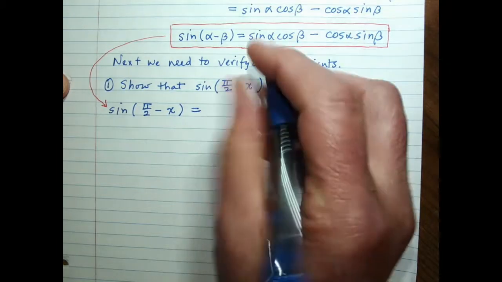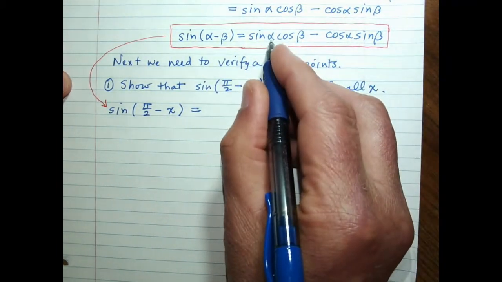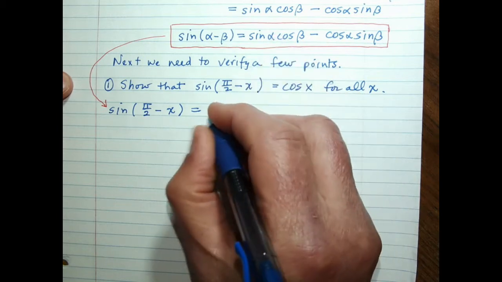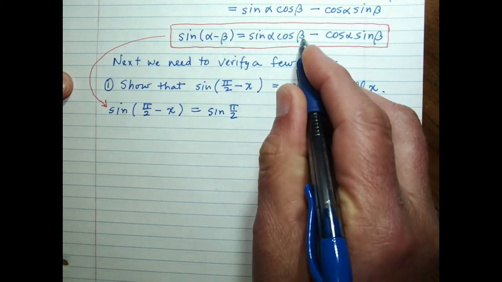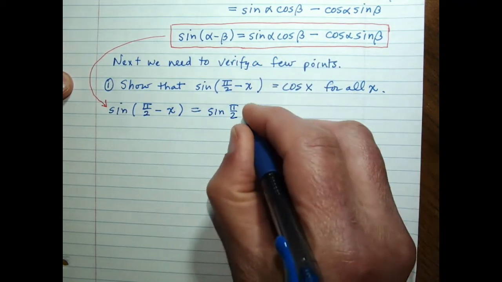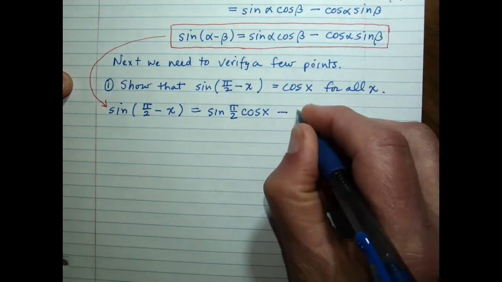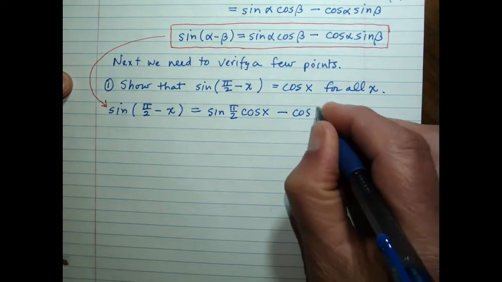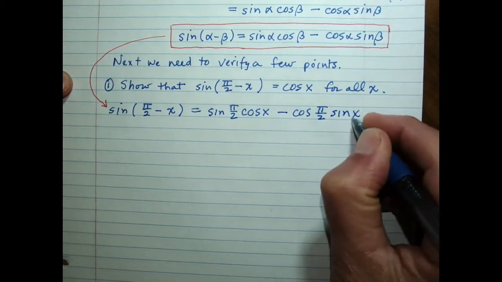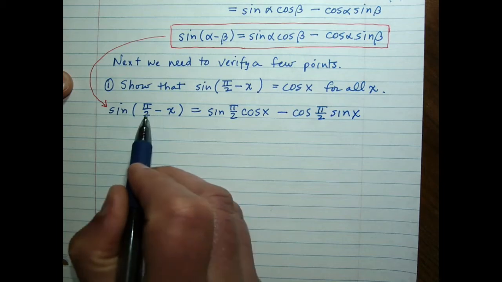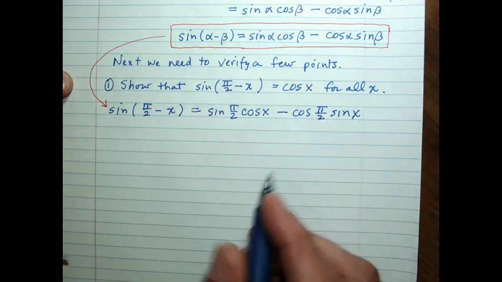So I just recopy the right-hand side of the identity, replacing alpha with pi over 2, so I have sine pi over 2, and replacing beta with x. Sine pi over 2 cosine x, minus cosine alpha becomes cosine pi over 2, sine beta becomes sine x. So I'm just applying that identity with pi over 2 in the role of alpha, x in the role of beta.